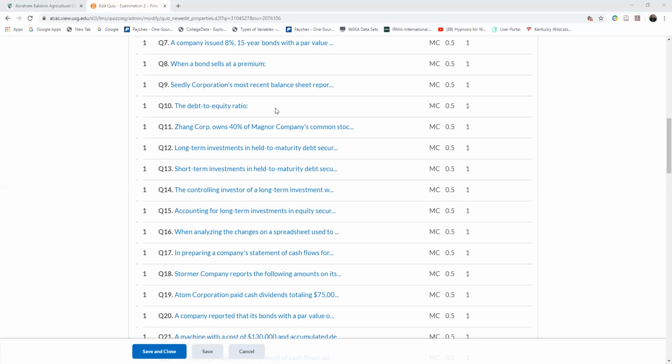When a bond sells at a premium, well, what does that mean? What is the premium? Well, that's more money than the face value. So if the face value is 100% or $100, then if it's selling for a premium, it might sell for $102 per 100. And what that means is that the interest rate offered on that bond is higher than the interest rate on comparable bonds.